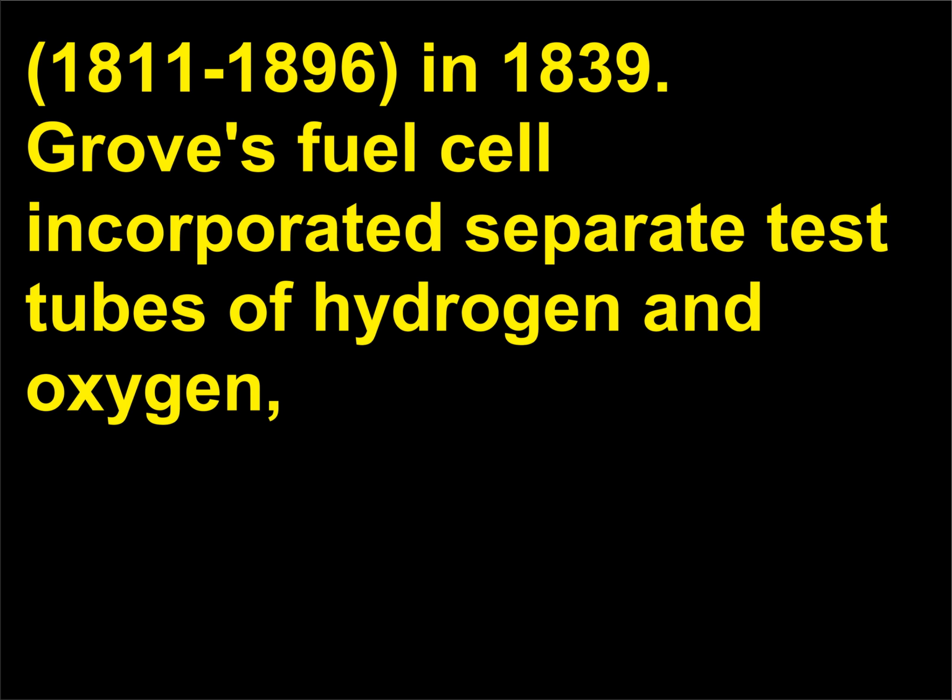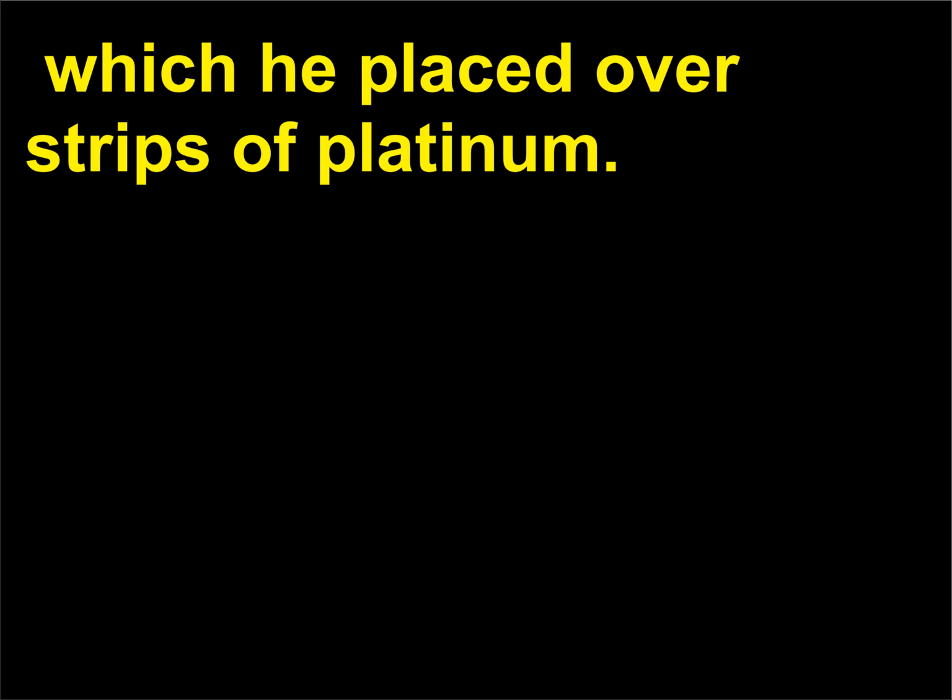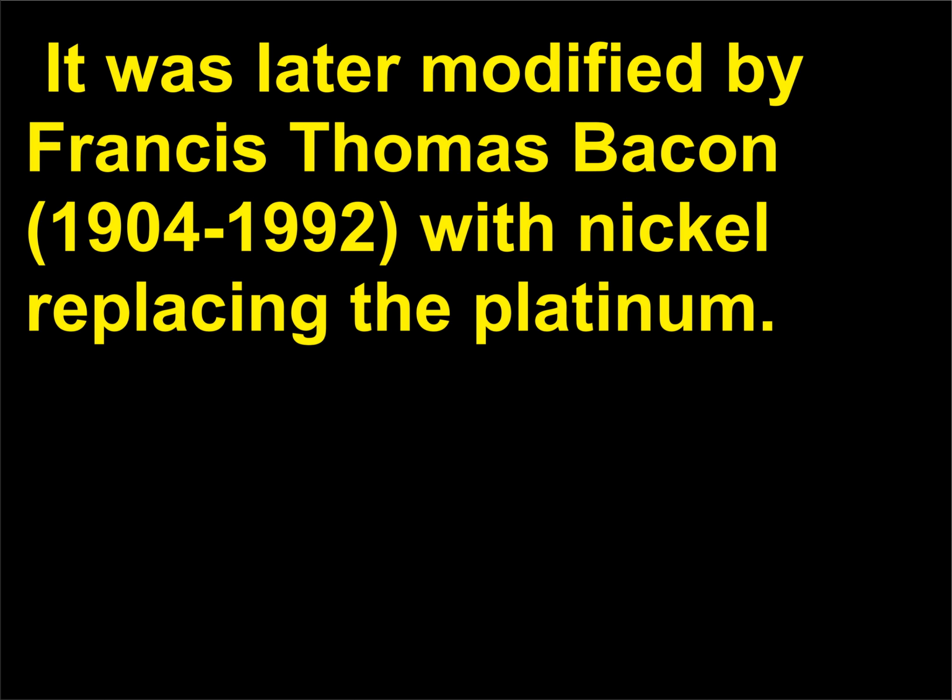Grove's fuel cell incorporated separate test tubes of hydrogen and oxygen, which he placed over strips of platinum. It was later modified by Francis Thomas Bacon, 1904 to 1992, with nickel replacing the platinum.